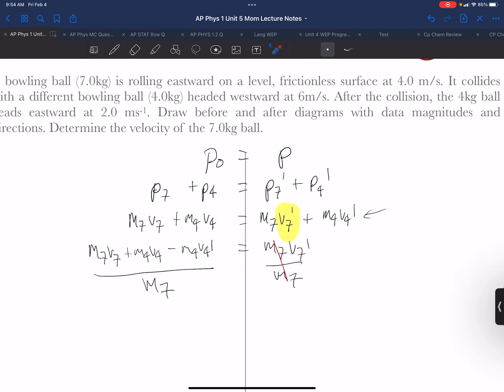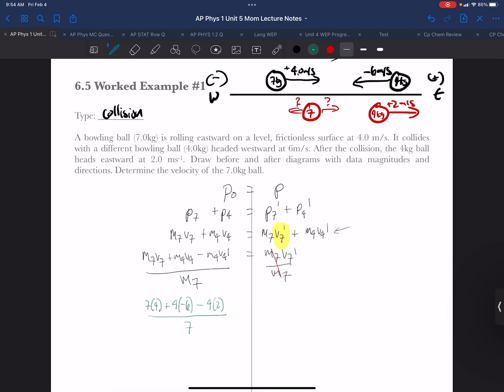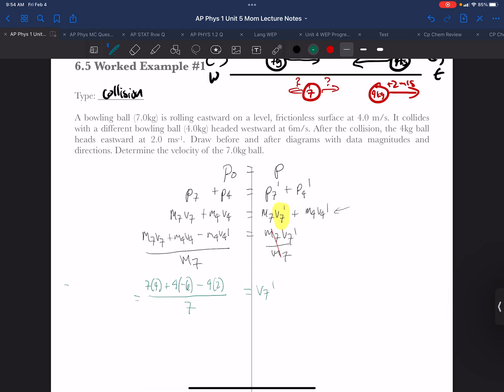So let us do the calculation. We have a mass of 7 beforehand, and the velocity is 4. For the 4, the mass is 4, but the velocity is minus 6. And afterward, we have a mass of 4, but the velocity is positive 2. And that is all over a mass of 7. Well, our terms are 28 minus 24 minus 8, all over 7.